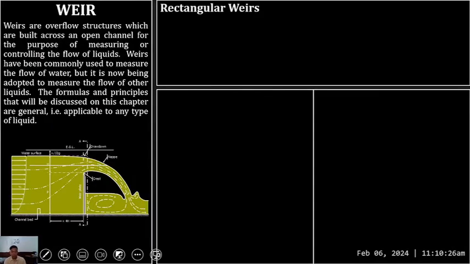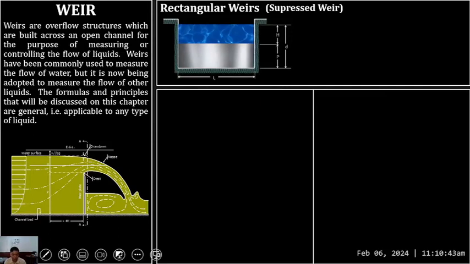Okay, so ano ba yung mga kinds of weir? Depende sa kind or sa shape ng weir na gagamitin natin. Meron tayong rectangular weir. Ibang tawag dyan is suppressed weir. Ito yung cross-section ng rectangular weir.